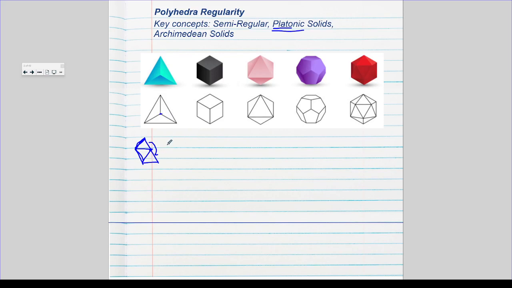If I added another triangle to that and then folded it up so that this side connected to that one, I would end up with the top half of this middle one. So I have 1, 2, 3, 4 equilateral triangles, and then on the bottom, there's kind of a mirror image of 4. So at every vertex, there's 4 equilateral triangles meeting.